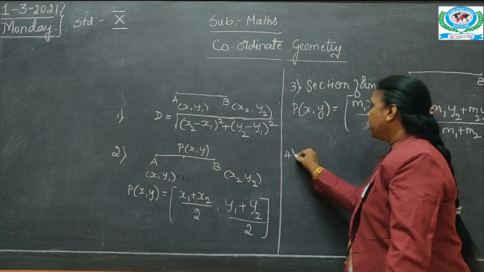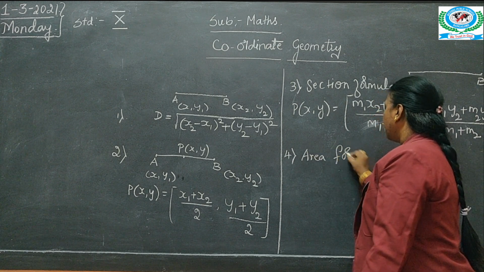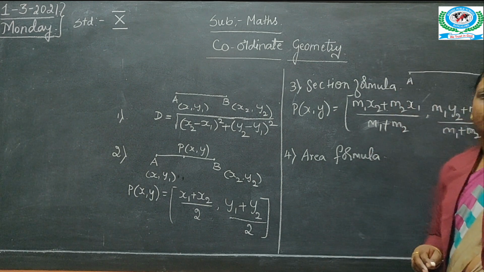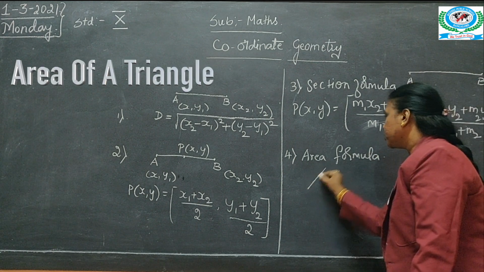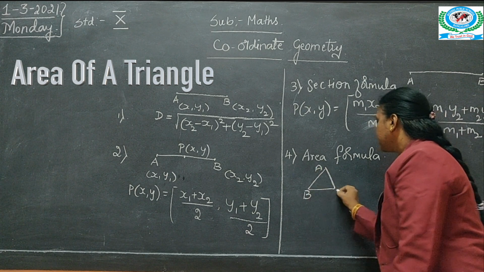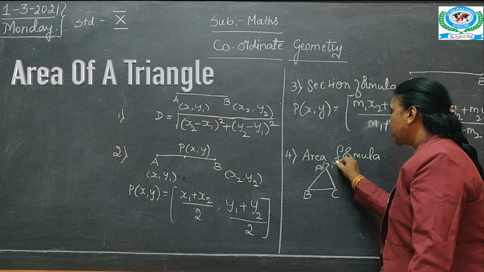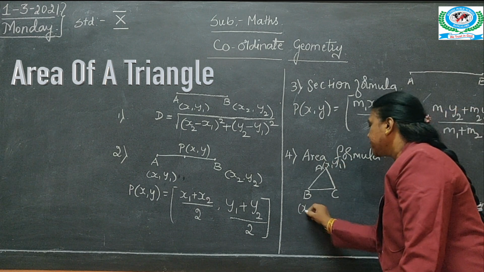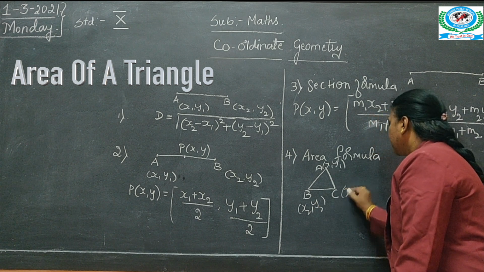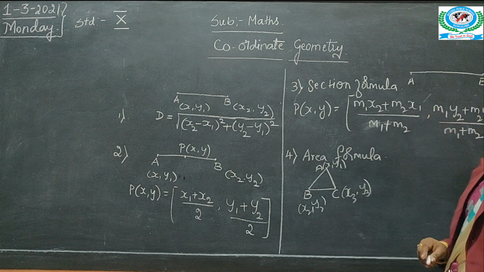Lastly, your area formula, to find the area of the triangle. Suppose you have a triangle A, B, C. A is of the point x1, y1, B is of the point x2, y2 and C of x3, y3.